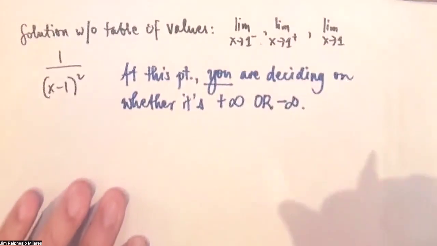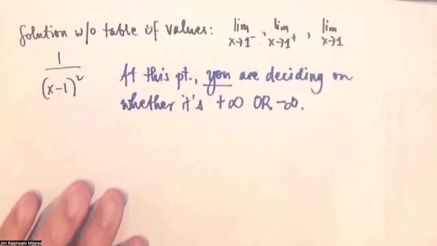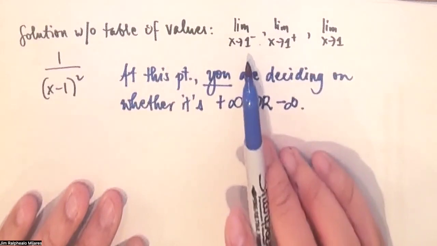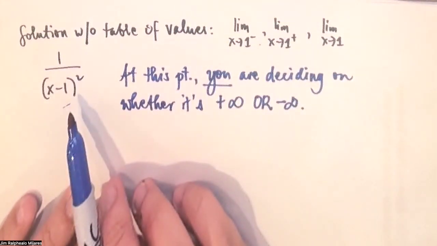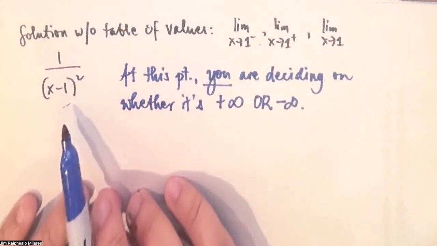You are now deciding on the sign. You're not deciding anymore if it's infinity because you have deemed that it is. Because if you try to substitute 1 to the function itself, you're going to get an undefined.